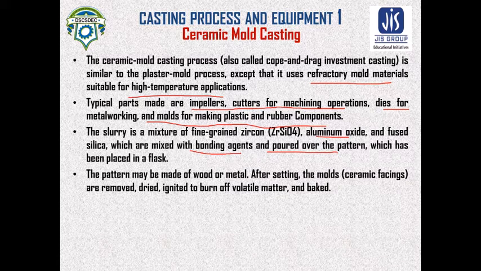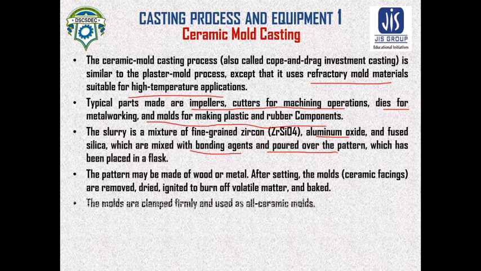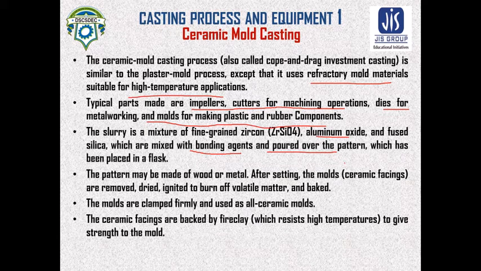After setting of the mold, the pattern is removed, dried and ignited to burn off the volatile material and baked. The mold halves are clamped firmly and used as ceramic molds. The ceramic facings are then backed by fire clay to give strength to the mold.